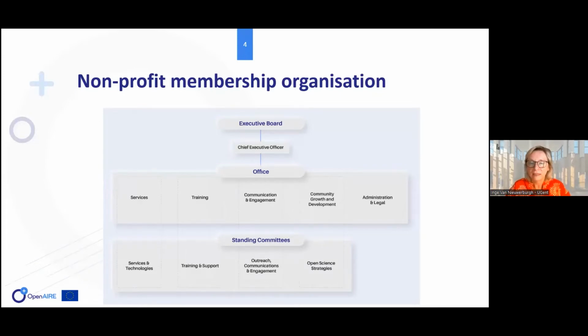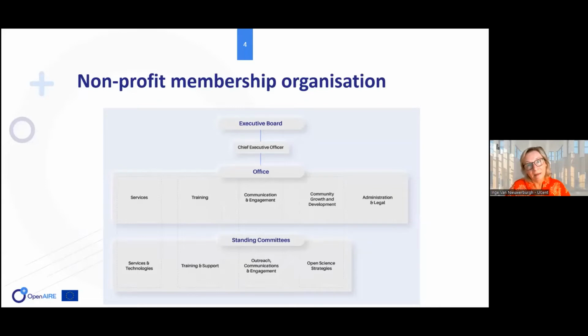There is an office with some people to help us on the services, training, communication and engagement, the growth of the community, and of course on administrative and legal support, because as a non-profit organization, many of you know who are active in such membership, you need a lot of involvement from your members, but you need some backup of people who can really engage in the organization.